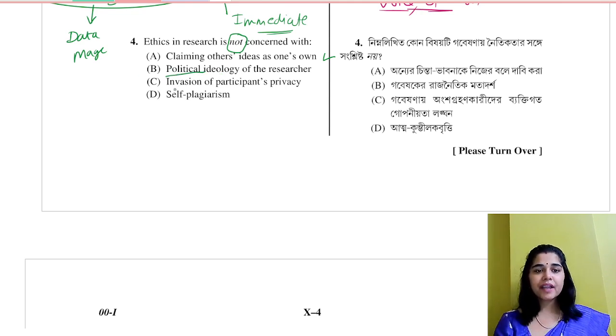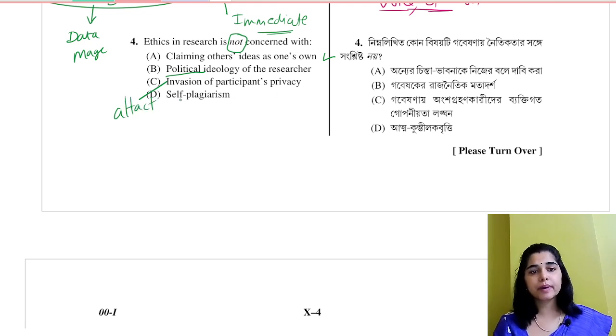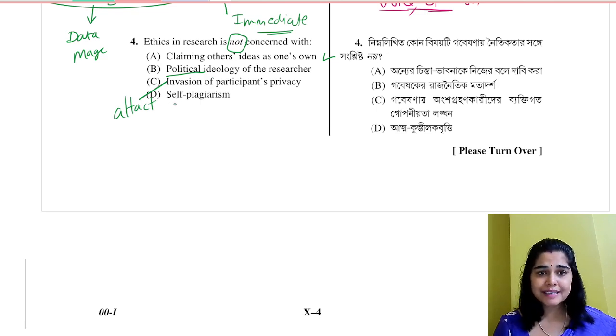Move to the next. Invasion of participant privacy. Now, what is this invasion? The invasion here is an attack on participant privacy. You attack whose privacy? The participant's privacy. And self-plagiarism is related to your ethics.